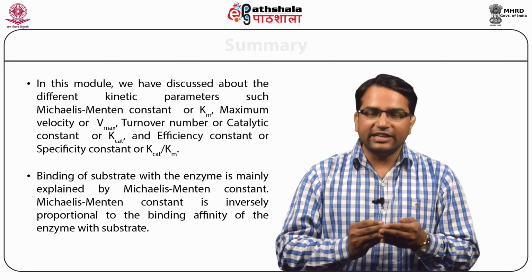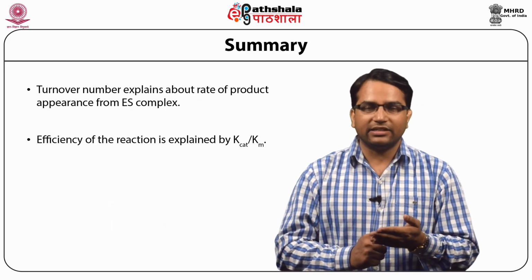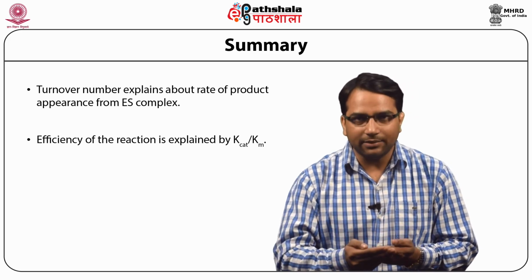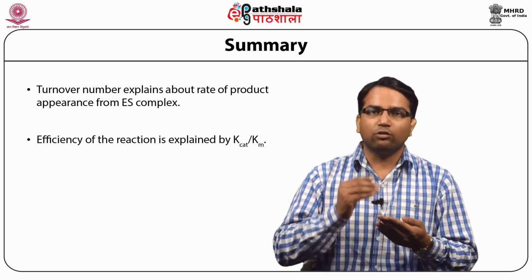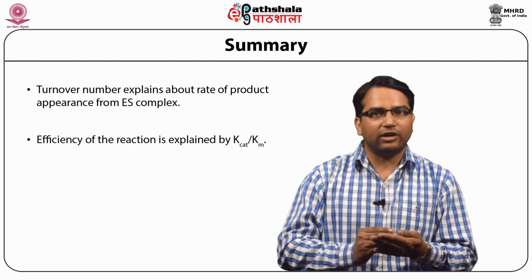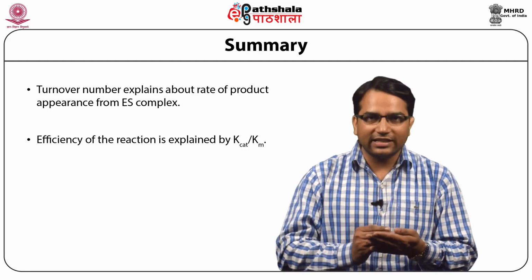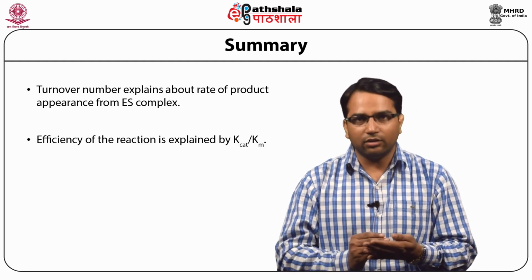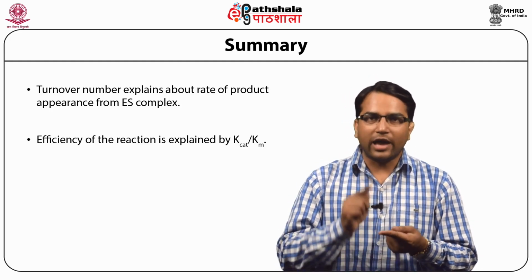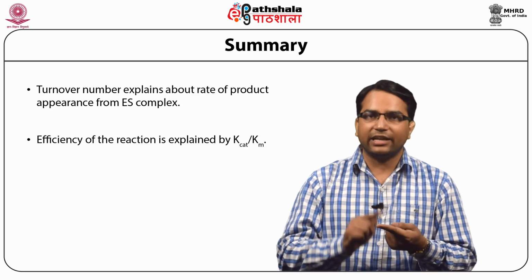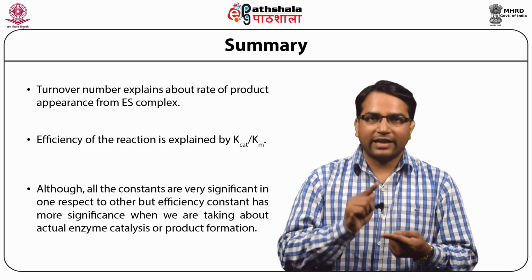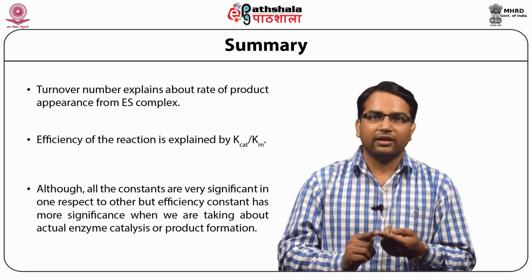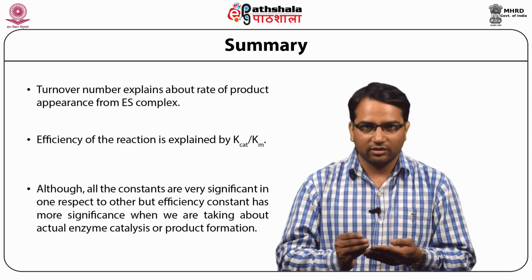But if you are considering only one kinetic parameter, either it explains how your substrate binds to the enzyme, or it explains how the ES complex is converted into the product, but they are not saying anything about the efficiency of the enzyme. So if you are talking about the efficiency of the enzyme, you have to consider both these kinetic parameters, where the Km explains up to the ES formation and kcat explains conversion of ES into the product.